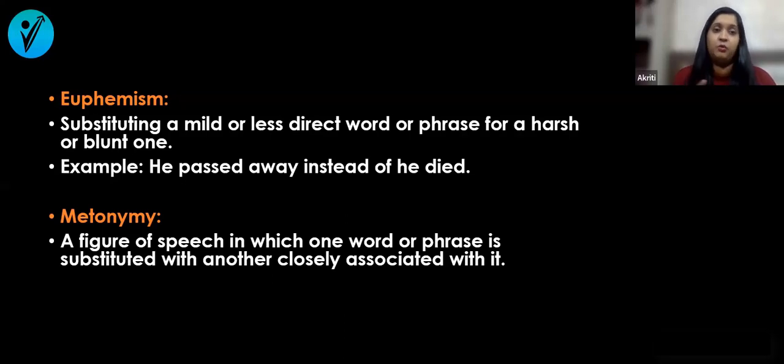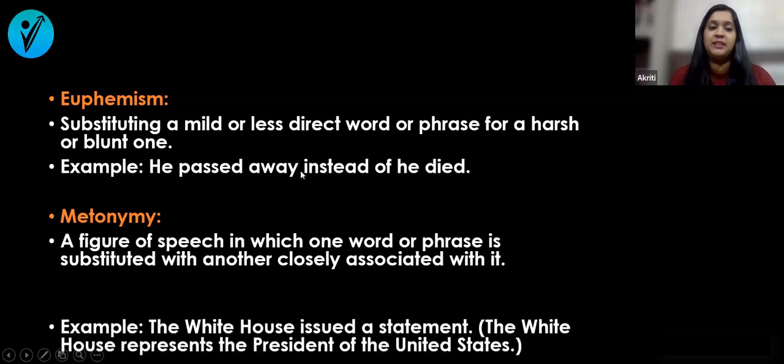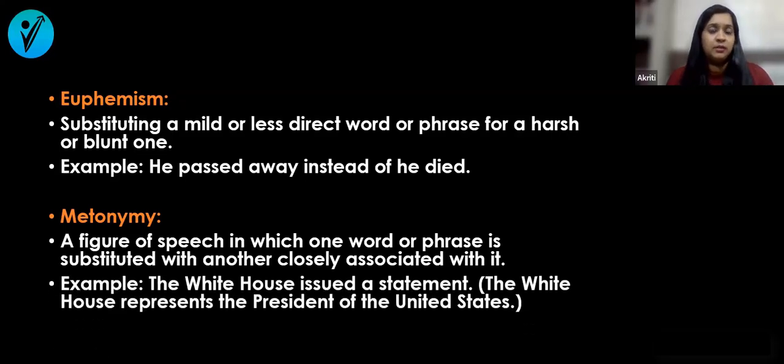That's metonymy, when two words or phrases are so close they almost mean the same, or it could also mean something that is getting represented. For example, the White House issued a statement. If a statement is coming from the White House, automatically it is the President of the United States who is giving out the statement. So it almost means the same thing.